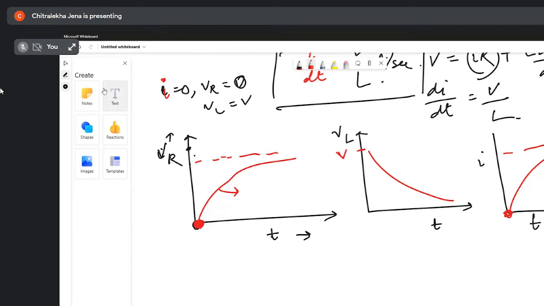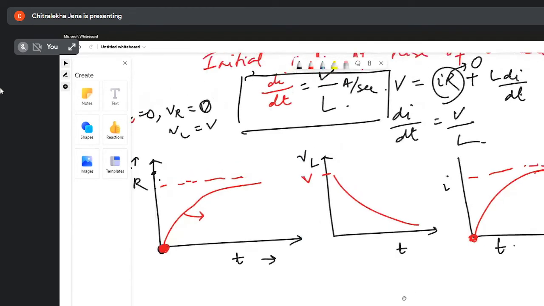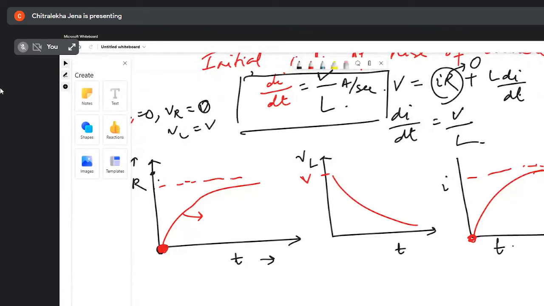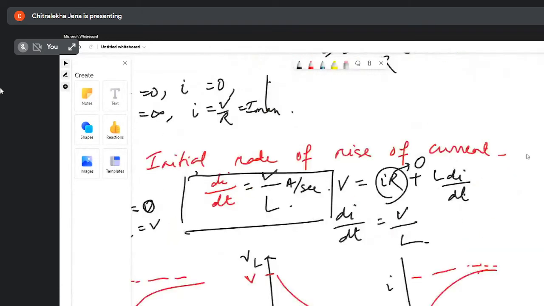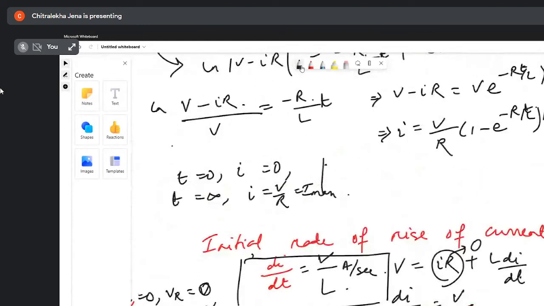V minus L di by dt, that will be here. So V is equal to IR. VR is equal to IR, that is equal to capital V into e to the power minus RT by L. Understood both of you? Yes, ma'am.